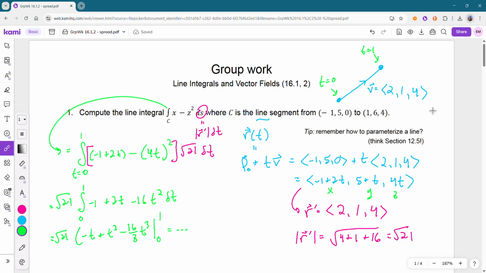And if we plug in 1, subtract what we get when we plug in 0, we will get down to -16 thirds times root 21 as our final answer. It is, in case you were wondering, close to -24.4-ish. Let's look at the next one.